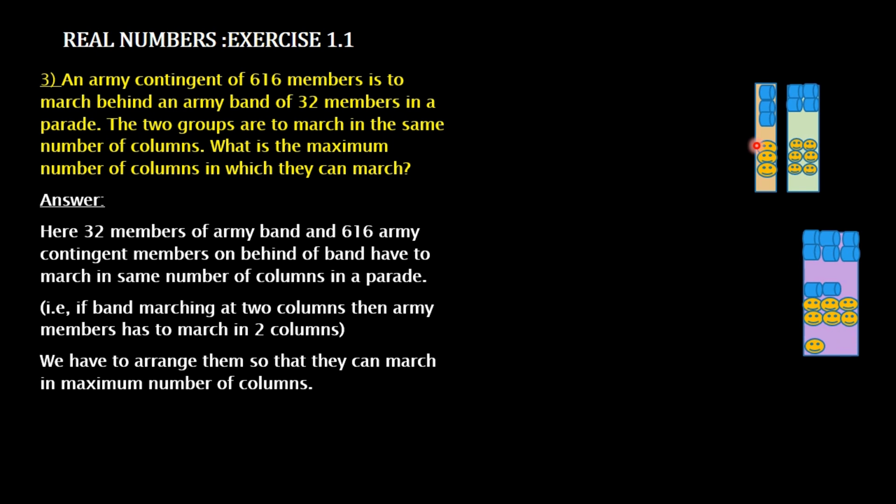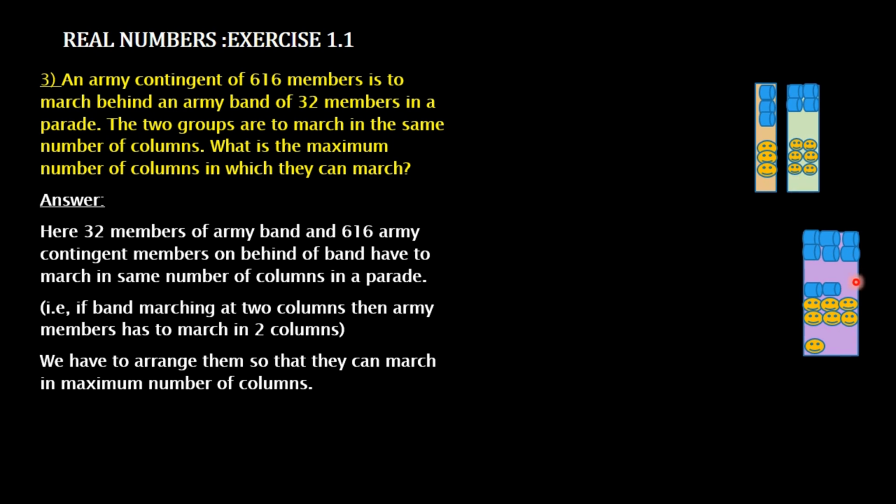Or another arrangement is that we can arrange them in double columns. That is, 32 members are arranged in double columns, then we have 16 rows, and 616 army members are arranged in double columns with 2 members each, and 208 rows will be here. Okay. Then what happens when we arrange them in 3 columns?